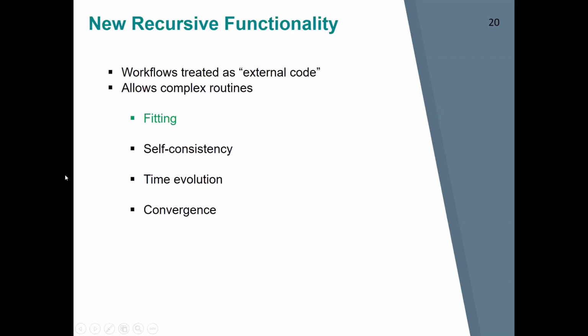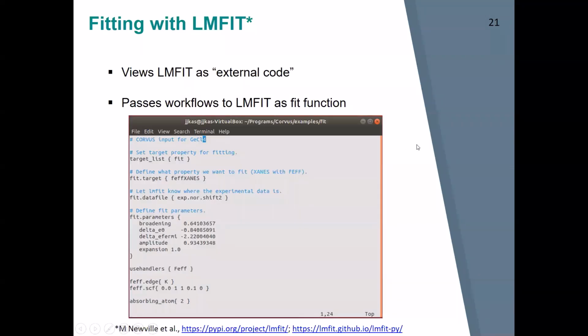So just to look at one example that we've already implemented, at least in some fashion, is fitting using LMFIT, which Matt Newville is involved with. And so the idea is that it views LMFIT as an external code, even though it's not really, it's Python, so it's within the Python that it's calling this, but it passes other workflows to LMFIT as fit functions.